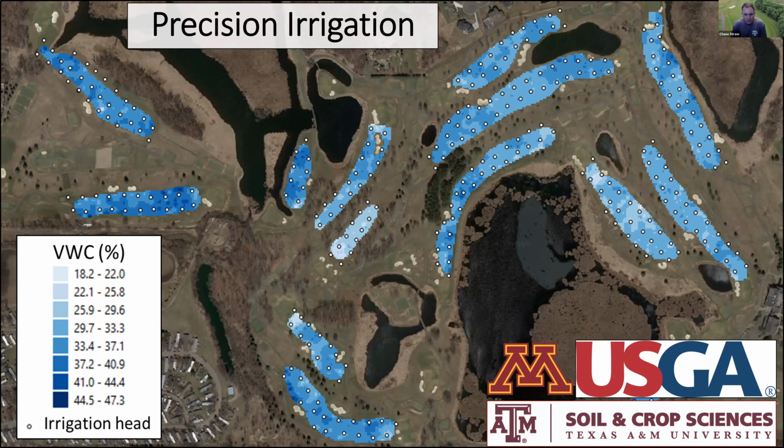And yes, you're right. The magnitude of soil moisture will change very rapidly depending on temperature. But the spatial variability really does not change significantly unless you have some kind of construction project going on across your course. What I mean by that is the wet areas are typically your wet areas and your dry areas are typically your dry areas.